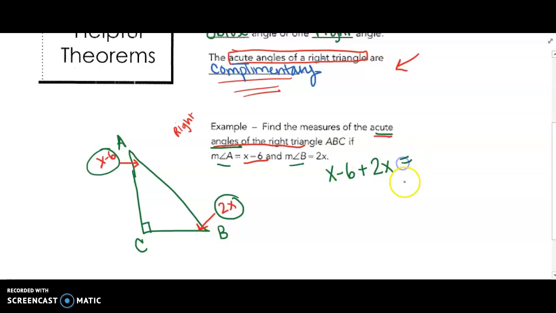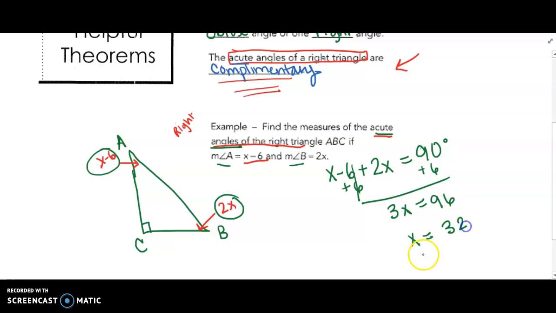Okay, now, what does it mean to be complementary? We'll go back to chapter 1. To be complementary, that means they add up to 90 degrees. Okay, so plus 6 on both sides, we get x plus 2x is 3x. Those cancel out, equals 96. So x then must equal 32.